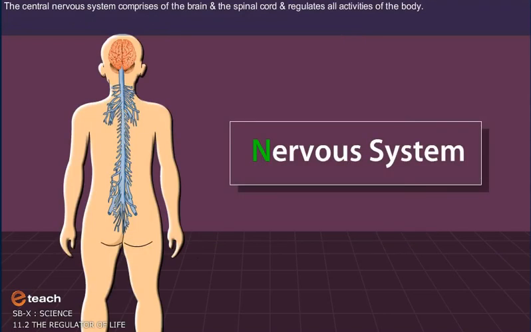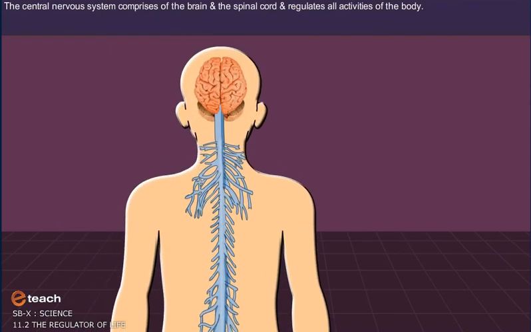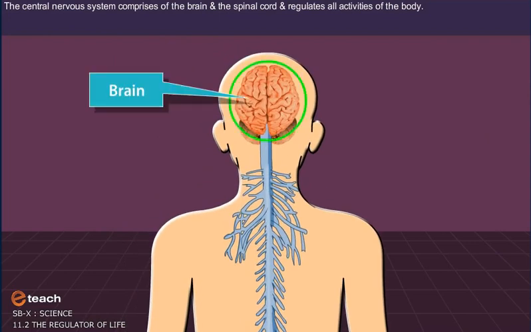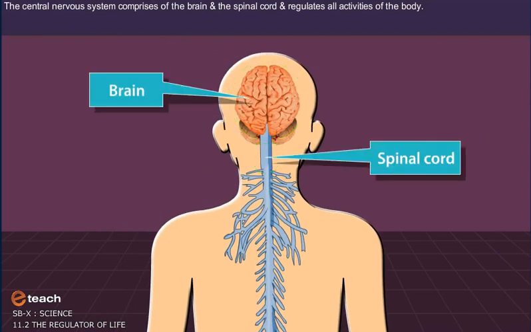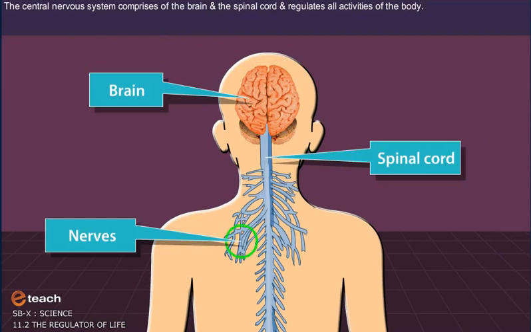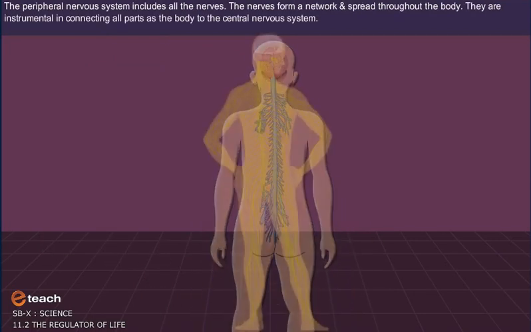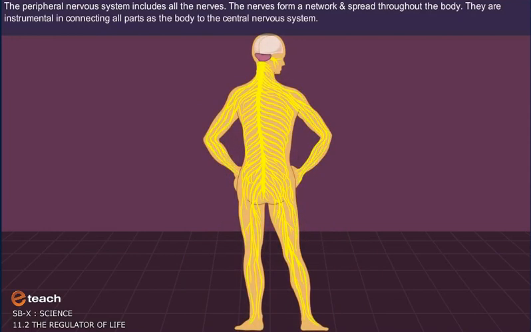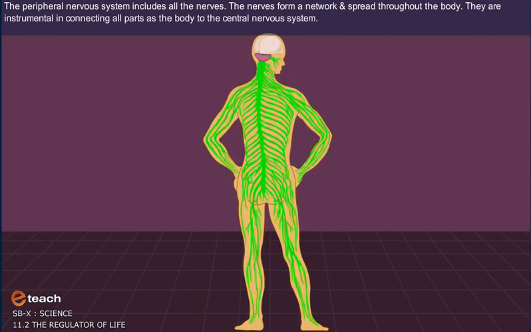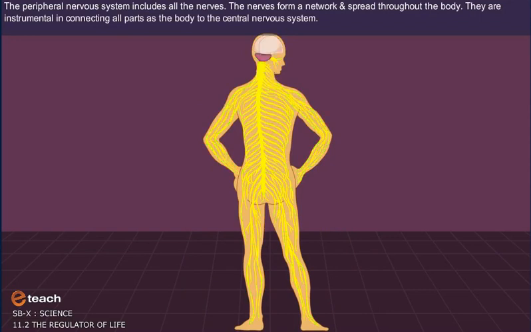The central nervous system comprises the brain and the spinal cord and regulates all activities of the body. The peripheral nervous system includes all the nerves. The nerves form a network and spread throughout the body.